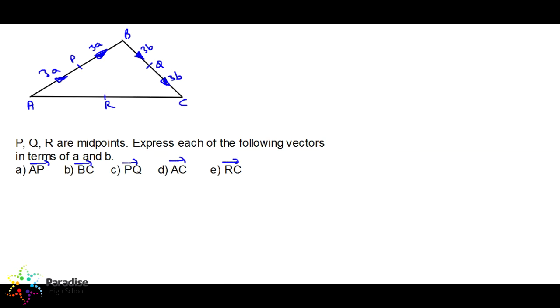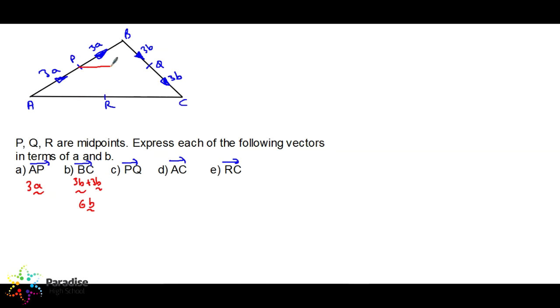Now let's answer the questions. AP, where is AP? Oh, AP, we already found it, that is 3A. What is BC? BC, we already found it, 3B plus 3B, that makes 6B. Okay, what is PQ? Where is PQ?